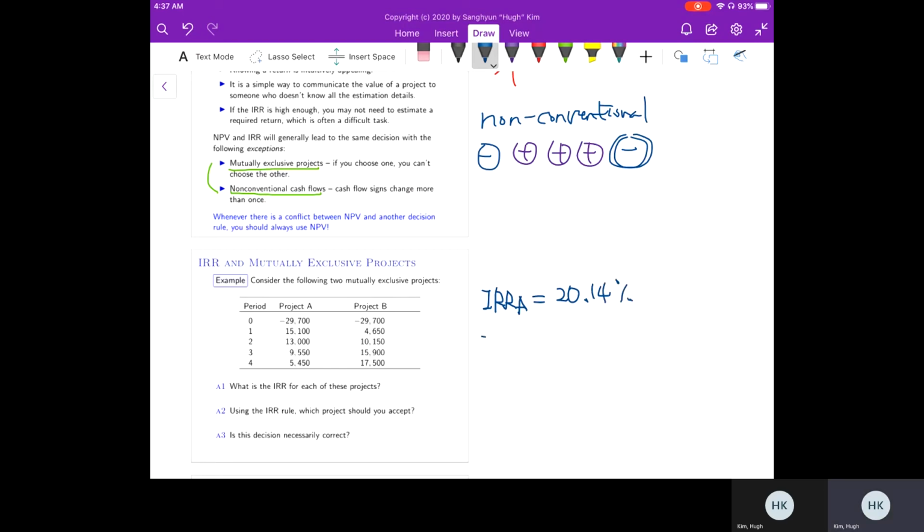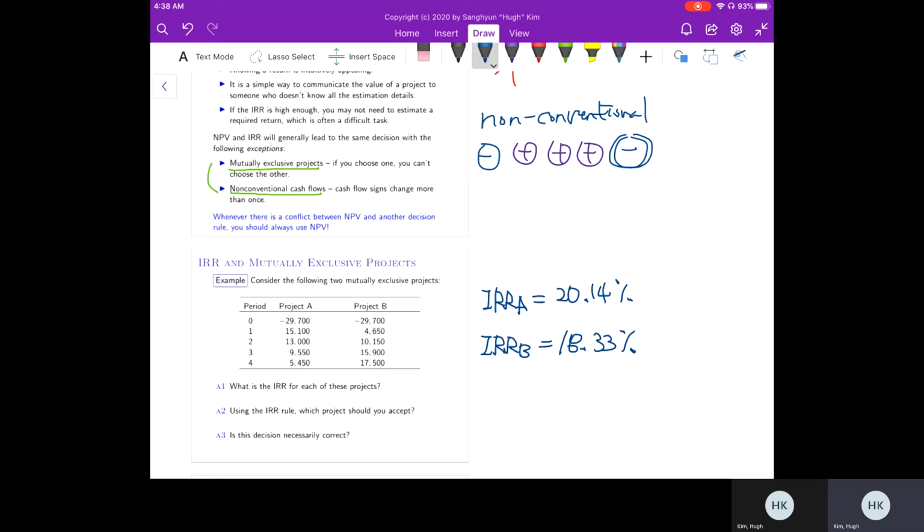And for project B, we'll get 18.33%. So project A has a higher IRR.